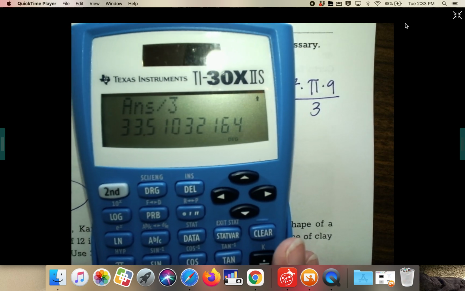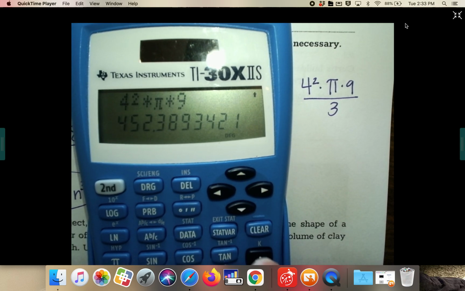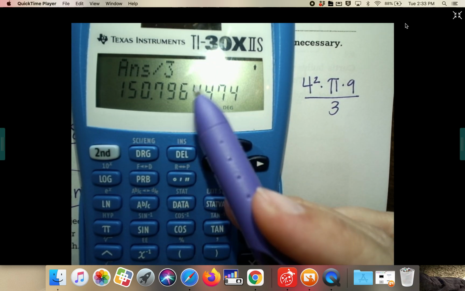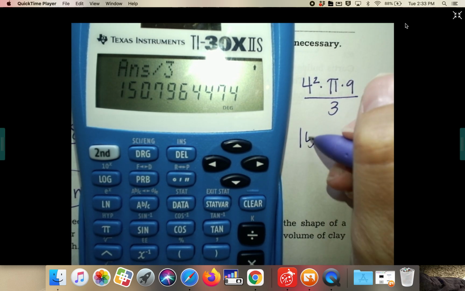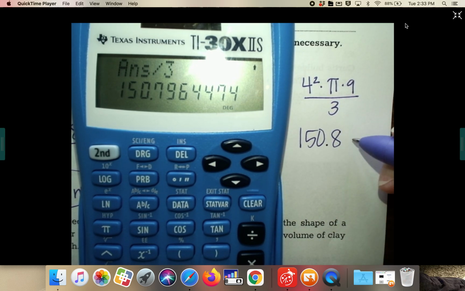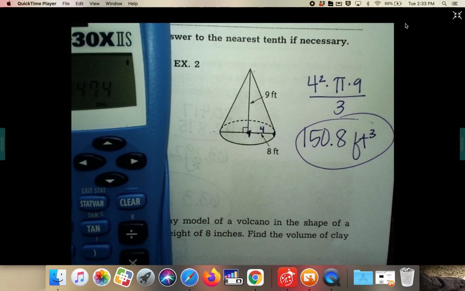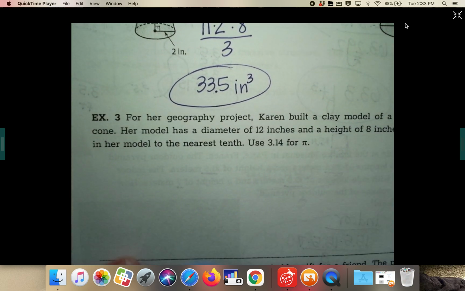In your calculator, I'm going to do 4 squared times pi button times 9 equals, divided by 3 equals 150 point, that 9's going to bump my 7 up to an 8. So 150.8 cubic feet. Okay, this is actually very easy. I'm just going to continue working through the next 2 examples with you, and then you're going to have some to try on your own.